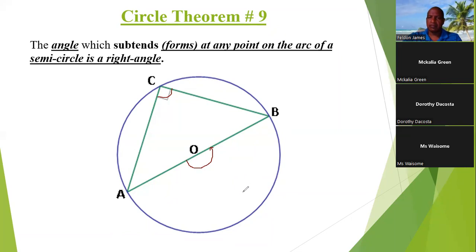Sir, would it be half of 360? What's the size of the angle, Ms. Waysome? Would it be half of 360, sir? Half of 360 is how much, Ms. Waysome? Half of 360 is 180. Okay, 180.